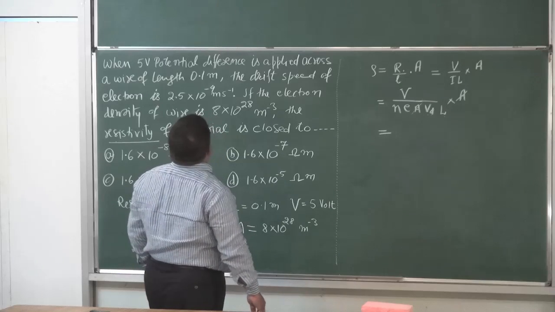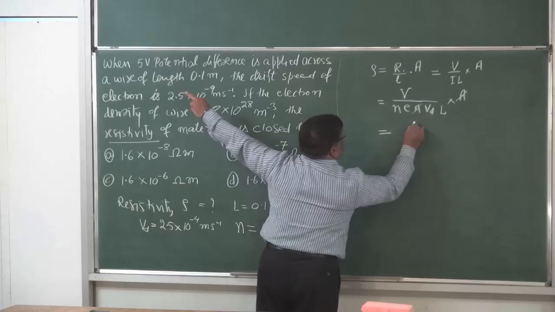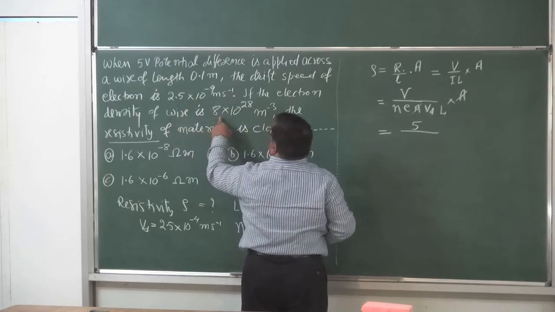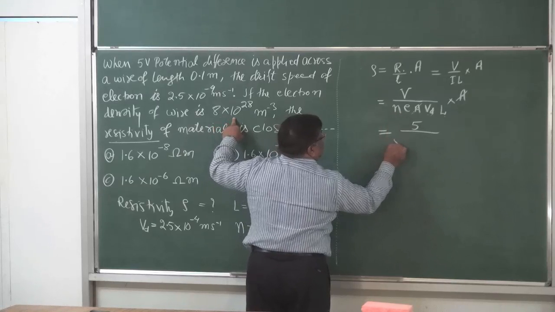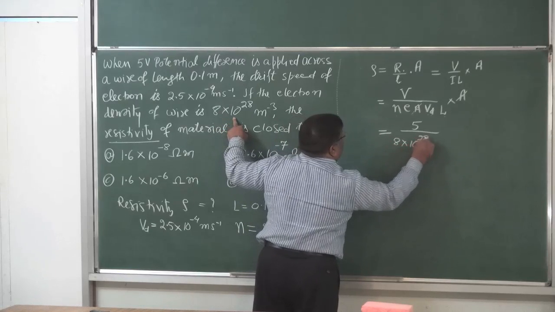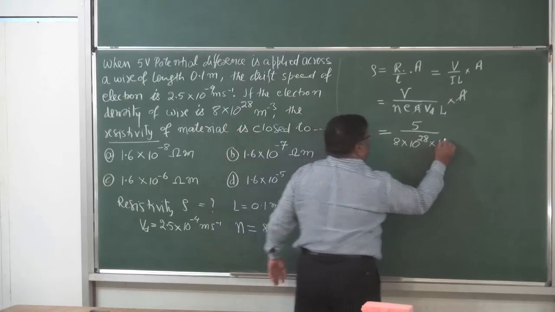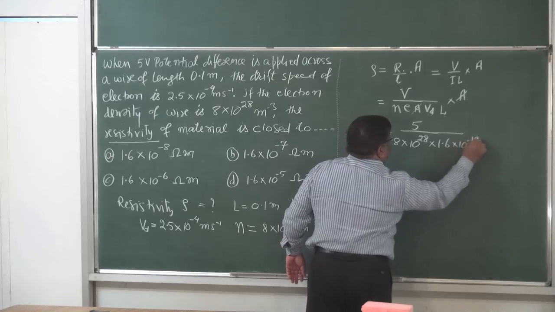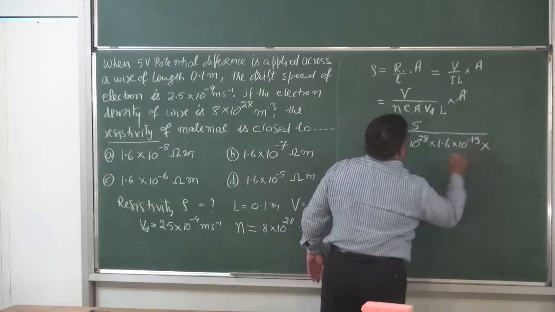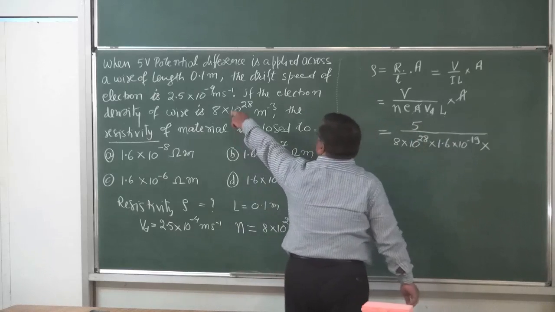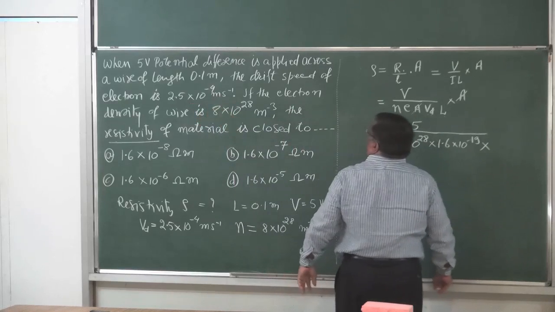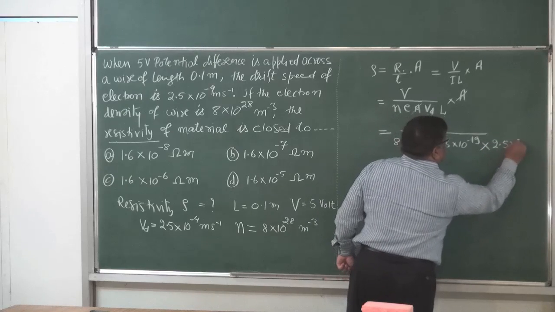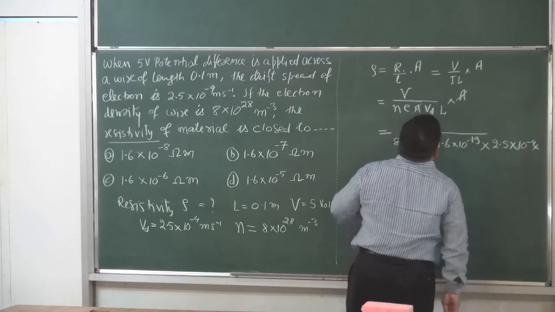Okay, let's put the values. Voltage is 5 upon n. n is given to us, electron density 8 into 10 to the power 28, into 1.6 into 10 to the power minus 19, into drift velocity, which is given to us, 2.5 into 10 to the power minus 4, into length.